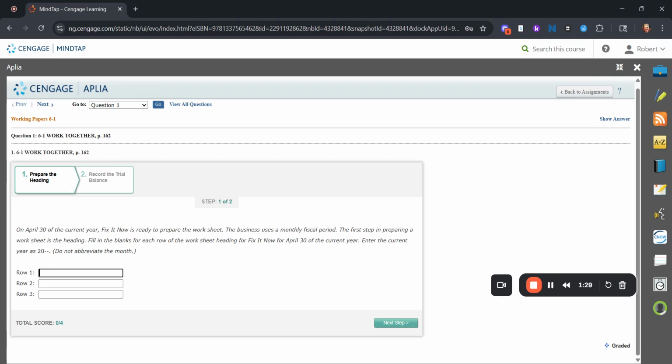Okay, so row 1. So this is Fix It Now. And then row 2, this is where we type in what kind of accounting document this is, and this is the worksheet, literally.